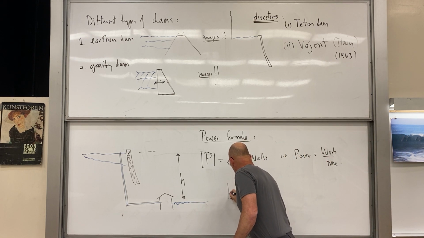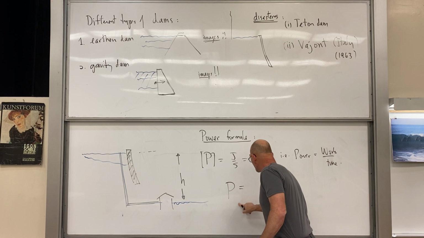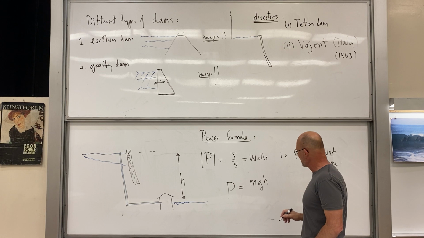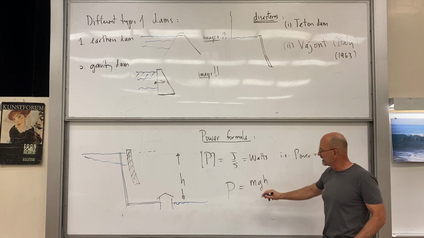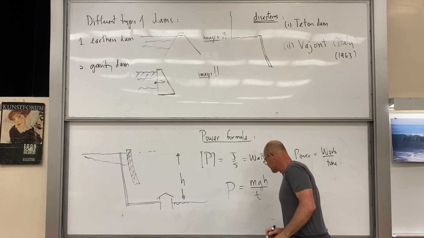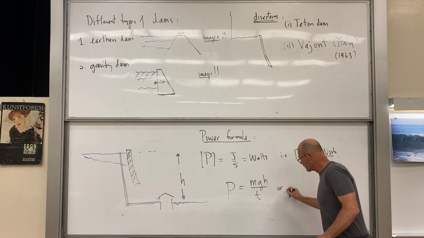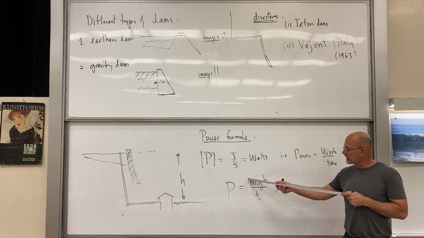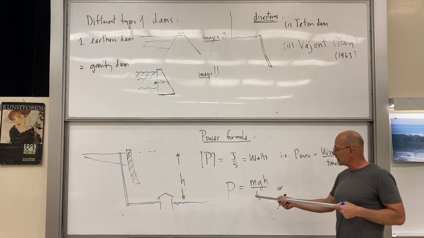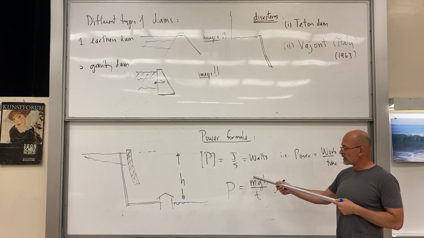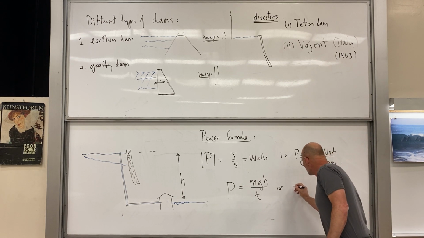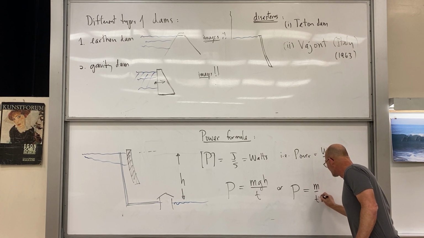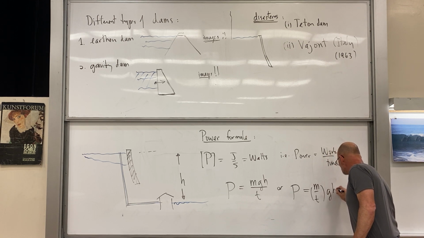What I'm going to do is this. P equals mgh, which was the energy, divided by t. But I'm going to just set some parentheses here. This is, remember, the same formula we had for the stair climb, and essentially also for the grandfather clock. So it's nothing new, but what's new is the way we set the parentheses. It's m over t times g times h.